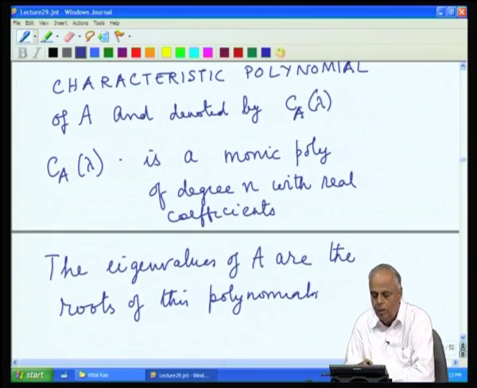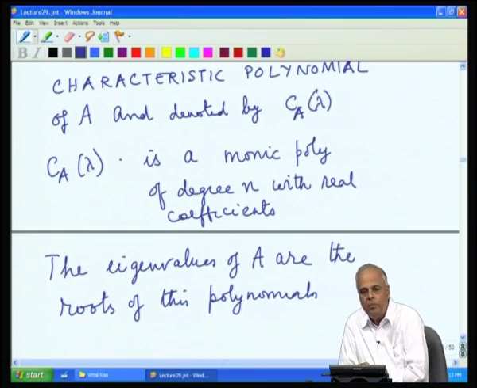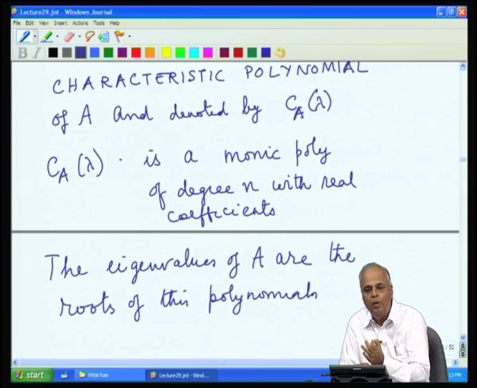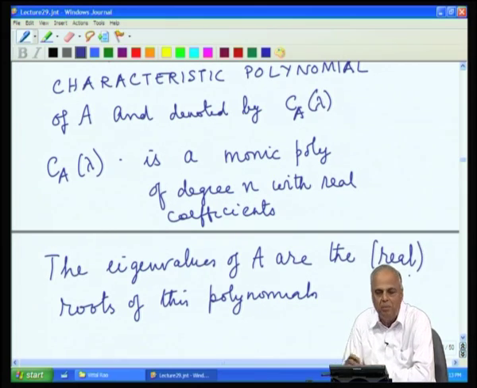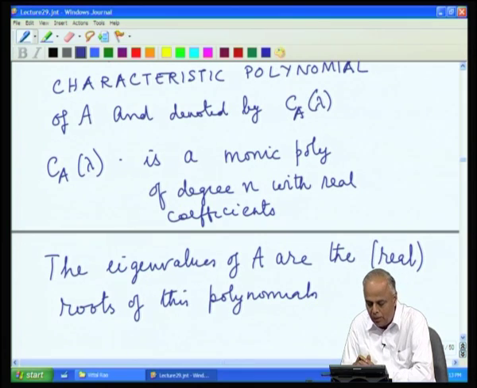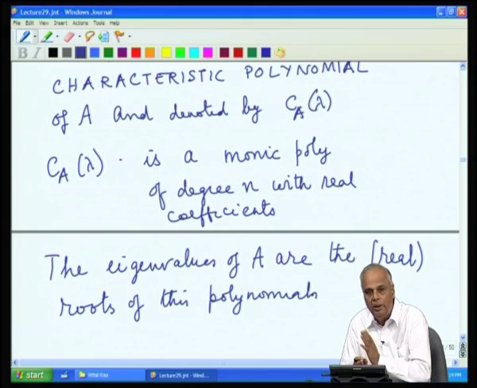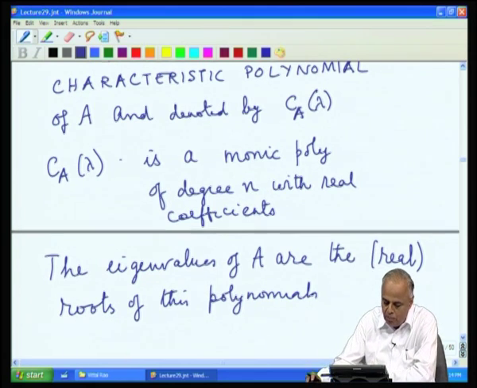So, when we are looking for eigenvalues of A, working with the real numbers, we are looking for real eigenvalues, and therefore, we are looking for the real roots. Whenever we are working over the real numbers, we have to work only with real roots, so in the diagonalization problem with real numbers, we look at the real roots of this polynomial.